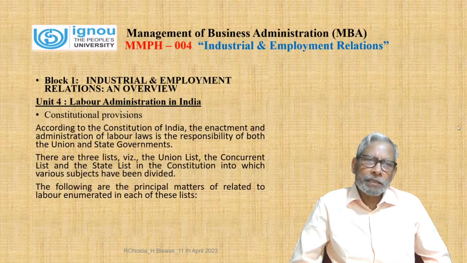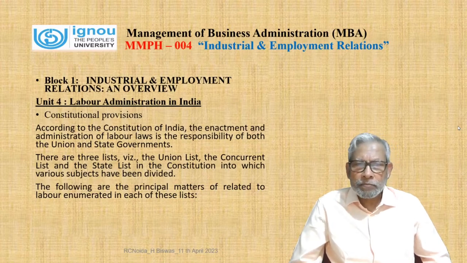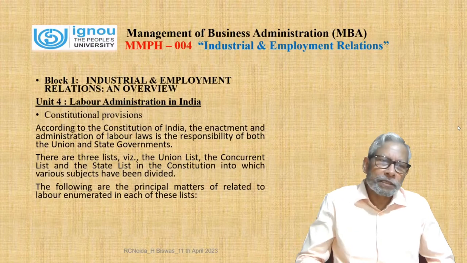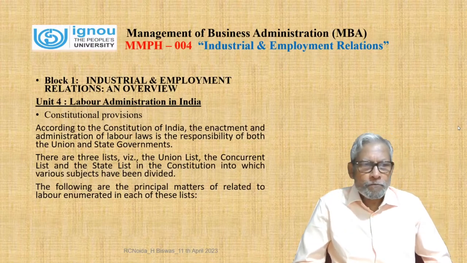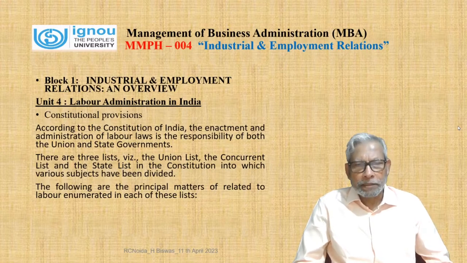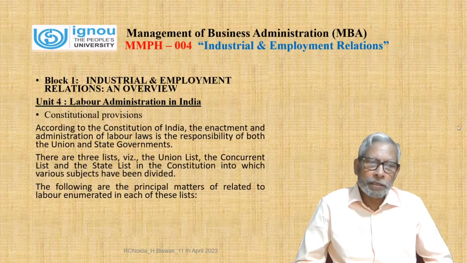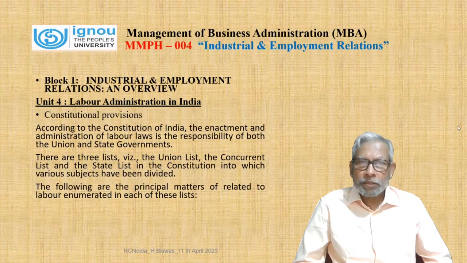There are three lists: the union list, the state list, and the concurrent list, into which the Constitution has divided various subjects. Some of the principal matters related to labor are enumerated in each of these lists.